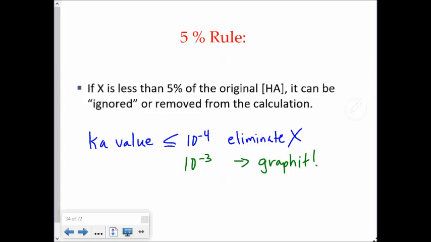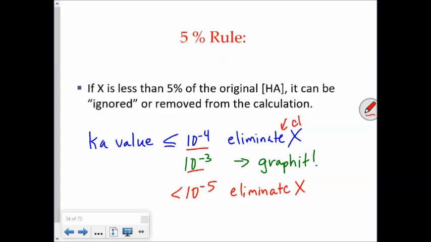If the Ka is 10 to the minus 4, sometimes I check those just in case, but if it's like 10 to the minus 5 or anything definitely less than 10 to the minus 5, eliminate. You can definitely do that.